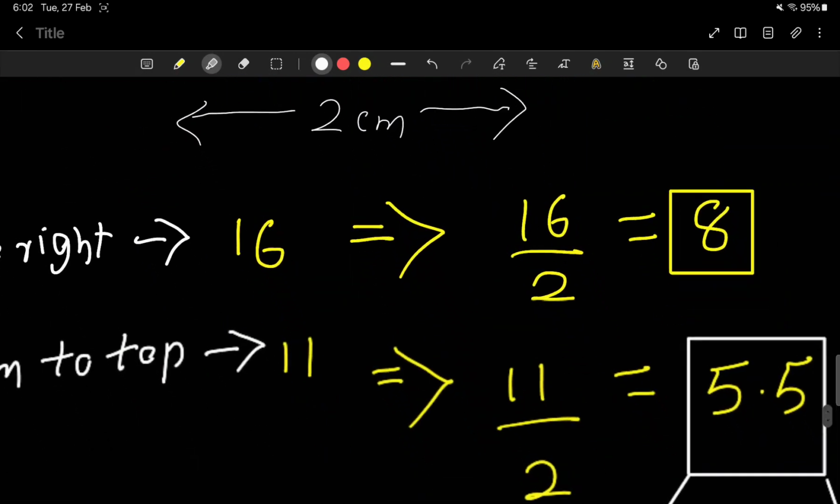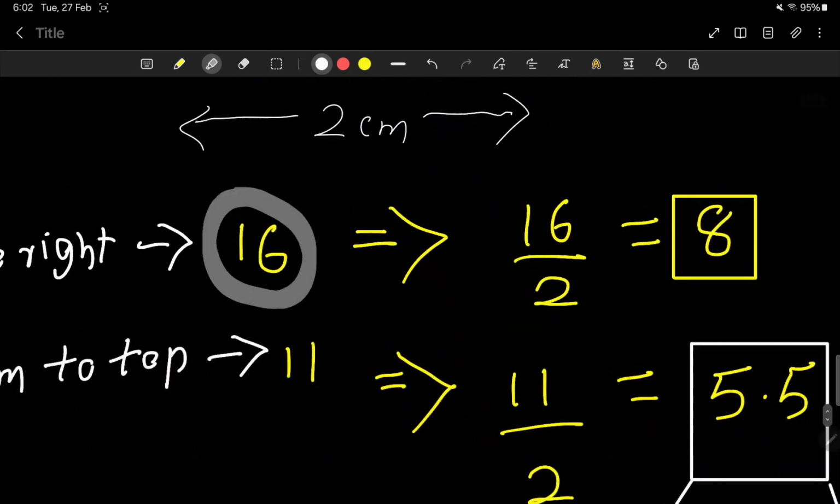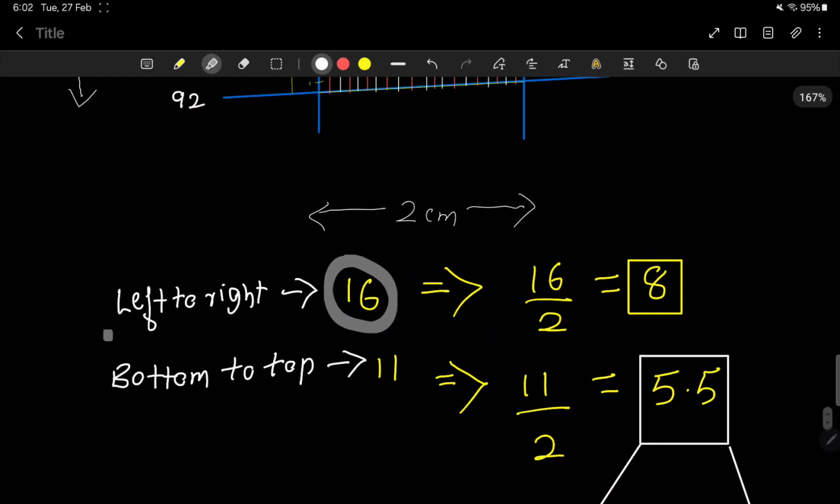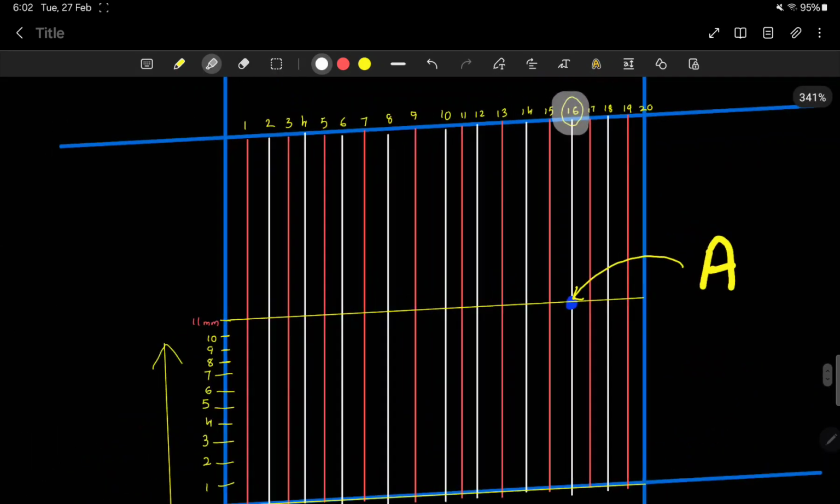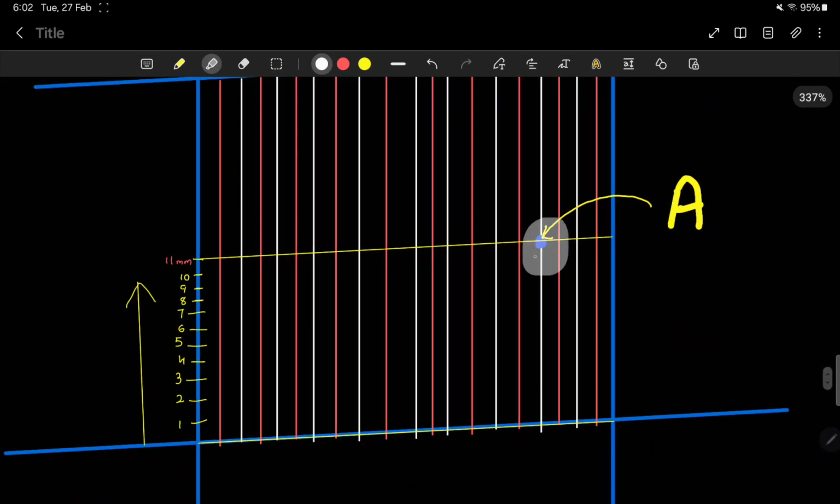So here we wrote 16, the distance from left to right. Now we'll calculate the distance of the same point A from bottom to top. Here we can see 1, 2, 3, 4 and it goes till 11 mm.